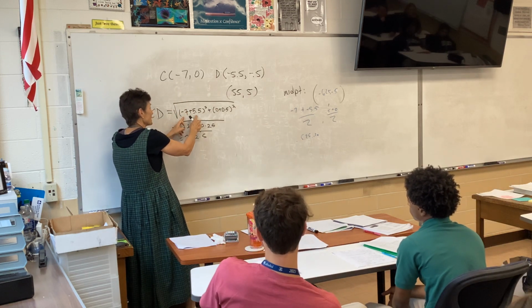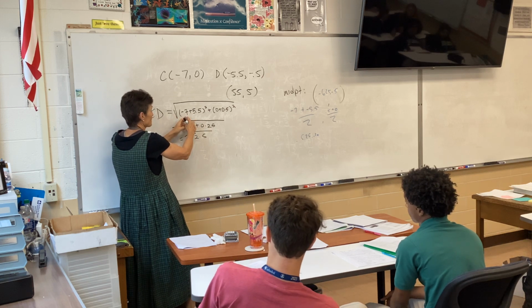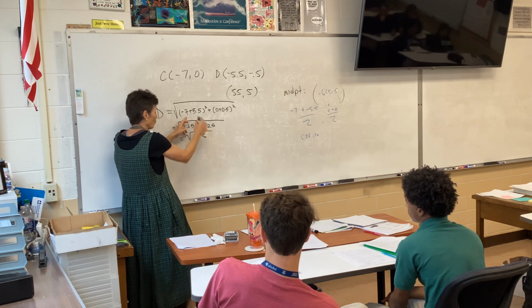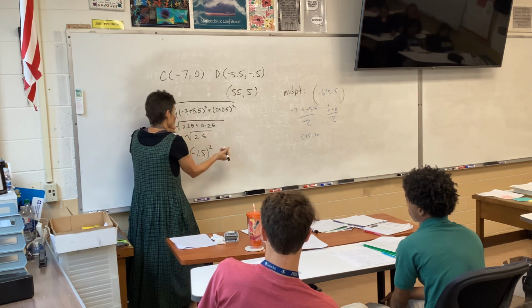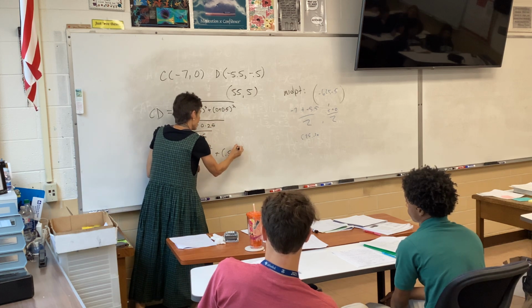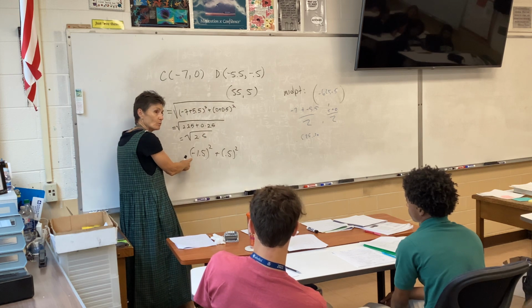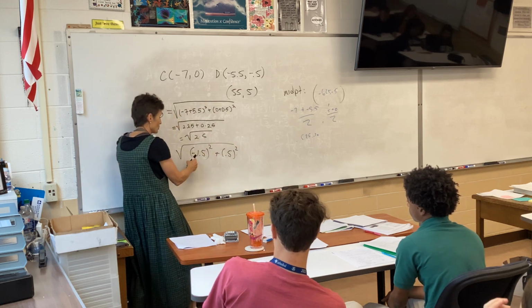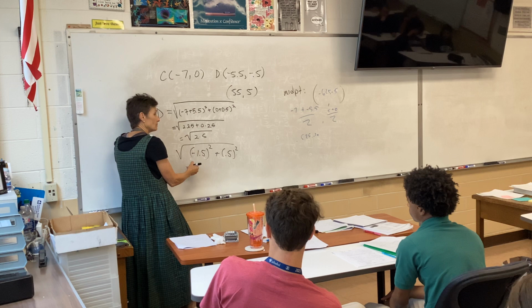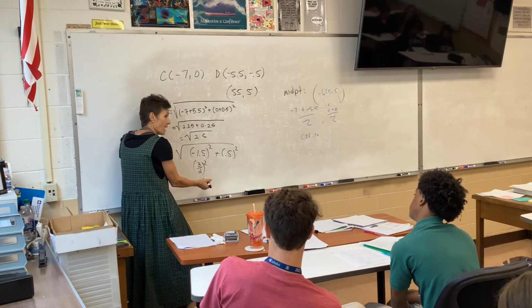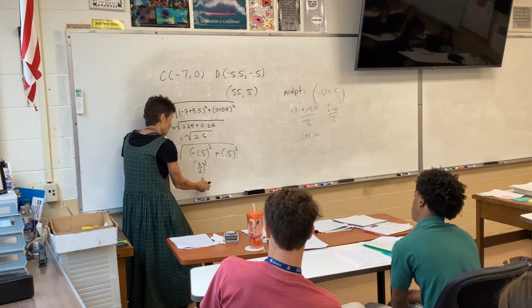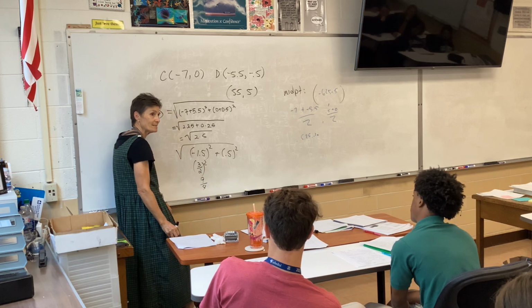But if I'm not using decimals, or even if I am using decimals, this would be -1.5. And this is 0.5. Now what if I change that into a fraction? So what would this be as a fraction? 3/2 squared, so what is that? 9/4. Fractions are your friends, they're easy.